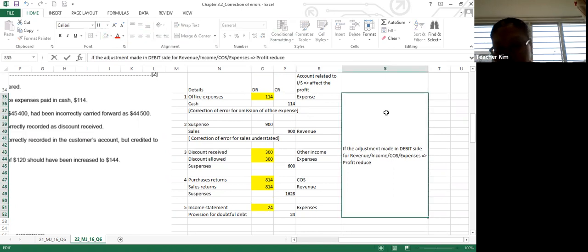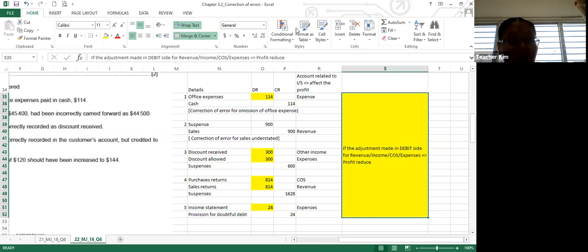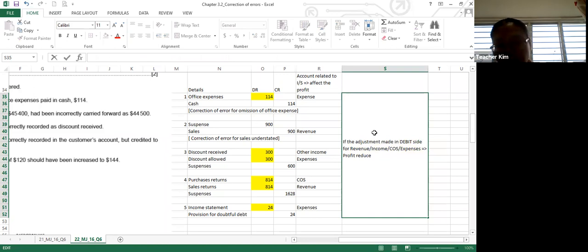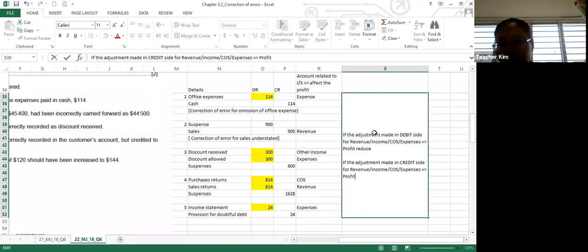But if the adjustment is made in the credit side, basically the same for revenue or income or cost of sales or expenses, our profit will increase.